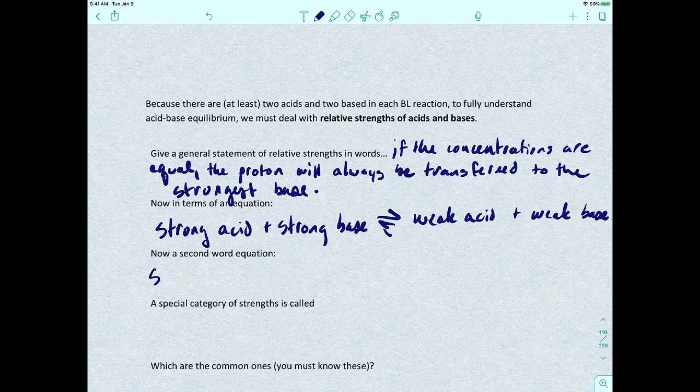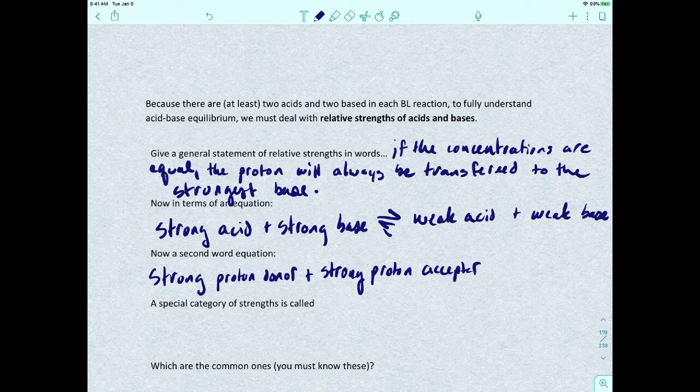Let's say you have a strong proton donor, which is a Bronsted-Lowry acid, and a strong proton acceptor, which is the Bronsted-Lowry base. That's going to give you a weak proton donor, which I'm going to shorthand by writing H+, plus a weak proton acceptor.